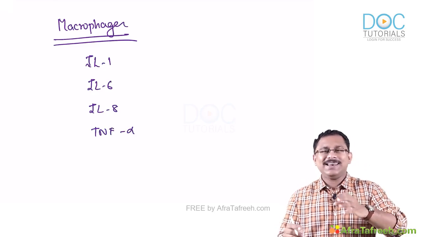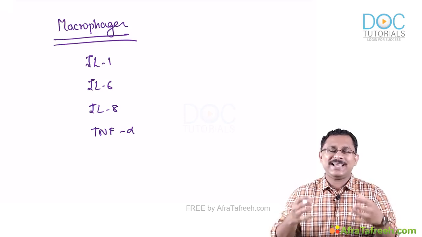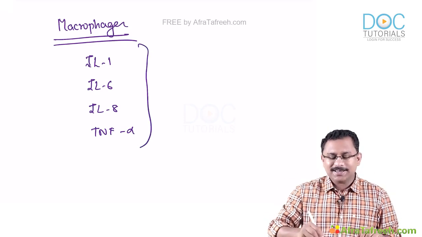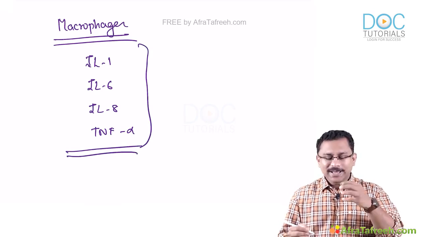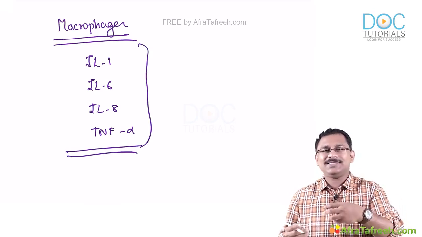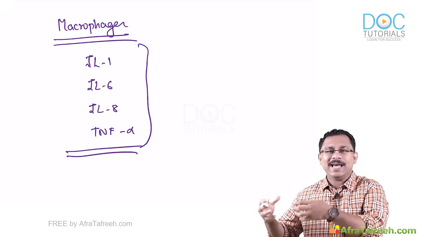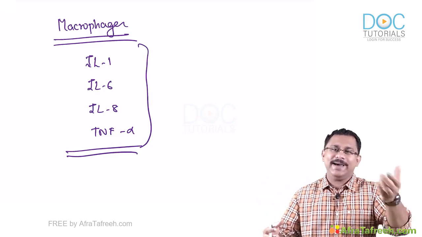So macrophages in association with the inflammatory cells which are present in the alveoli will secrete certain cytokines. Now these cytokines will again cause the recruitment of the inflammatory cells from the capillaries to the interstitium and alveoli.